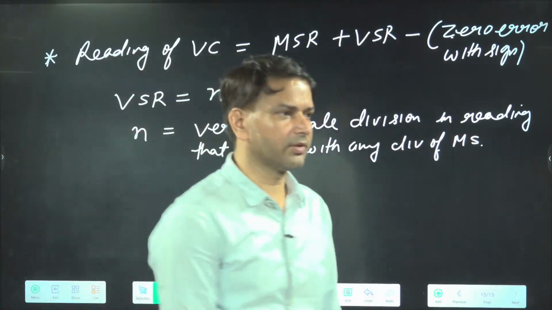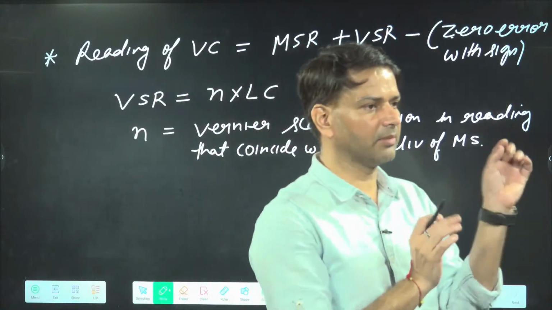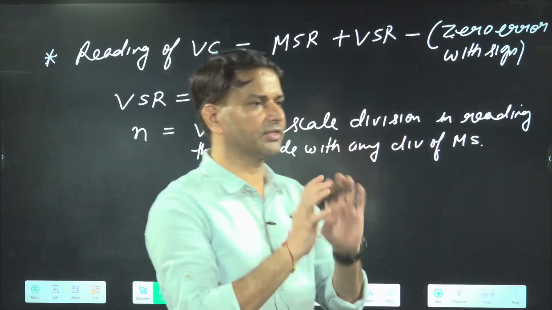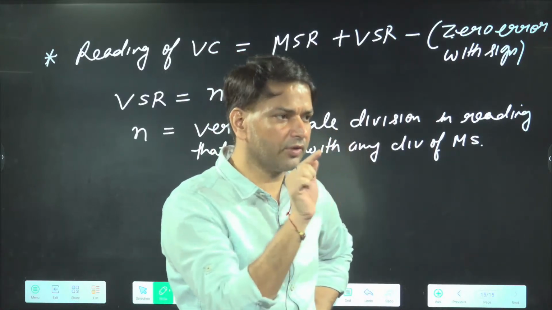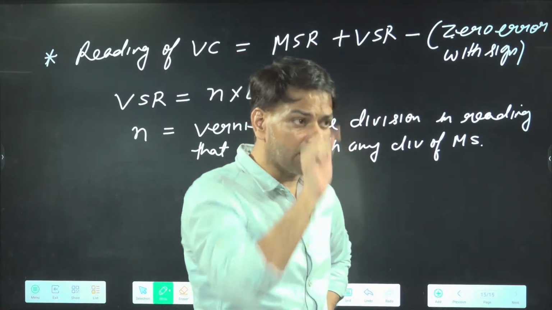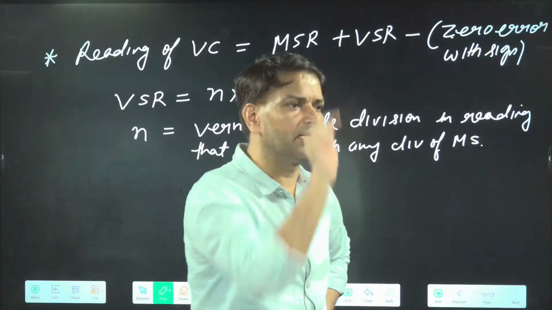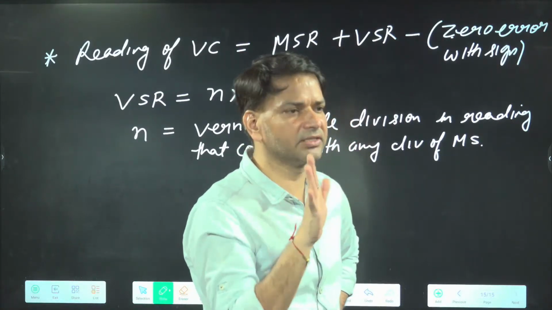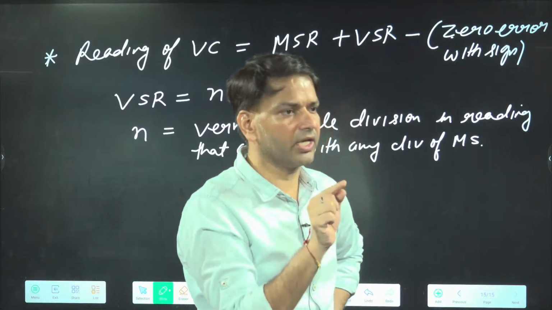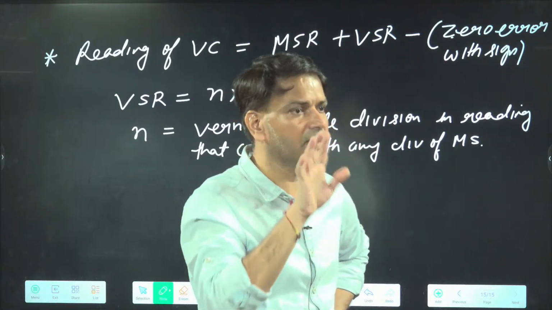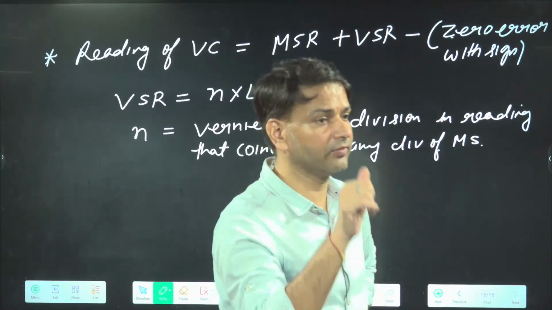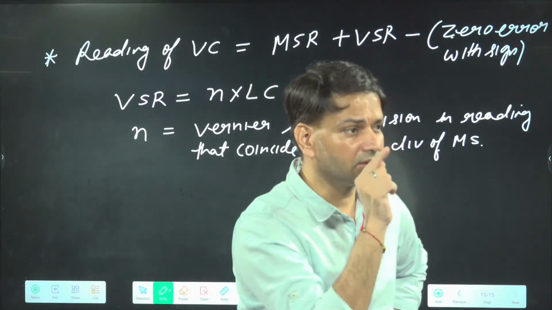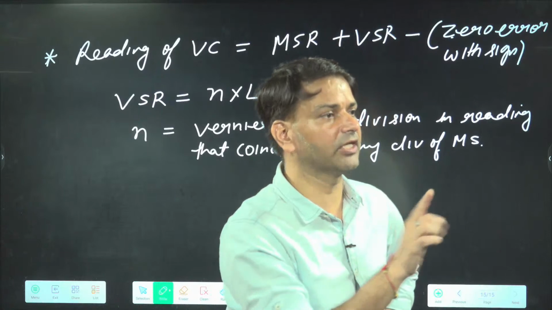When you are measuring something, you get the main scale reading. After that, if you see the Vernier scale, any division of the Vernier scale will definitely be on the same line as the main scale. It doesn't matter which main scale division, but any Vernier scale division will coincide with a main scale division. That Vernier scale division you have to count.